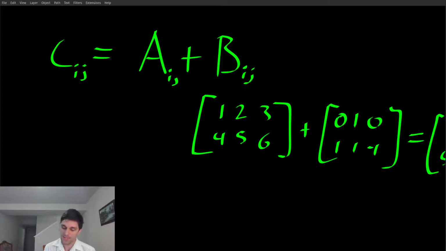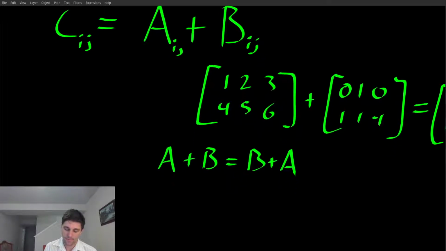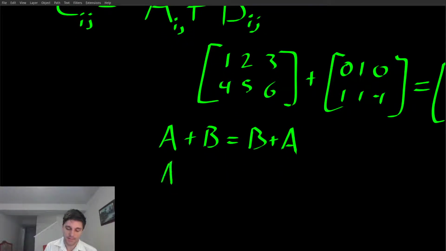And just as with vectors, the usual rules that we would want to apply hold. A plus B is equal to B plus A, that it's commutative, right? And it's associative.